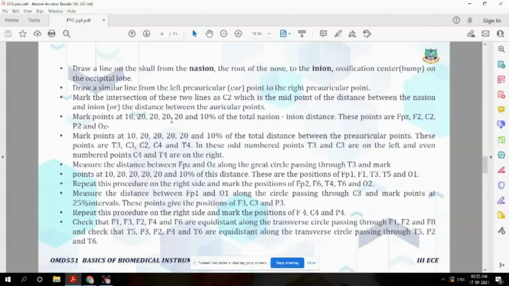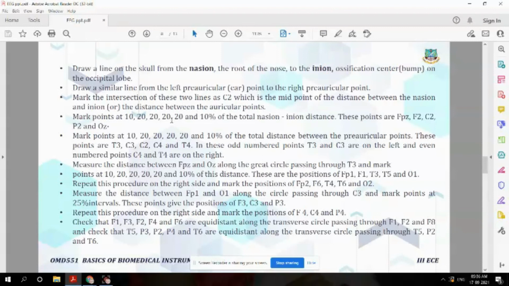So once again, we take the distance between FPZ and OZ, draw a circle through T3, and on the left side mark the locations of FP1, F7, T3, T5, and O1, and on the right side the positions of FP2, F8, T4, T6, and O2.